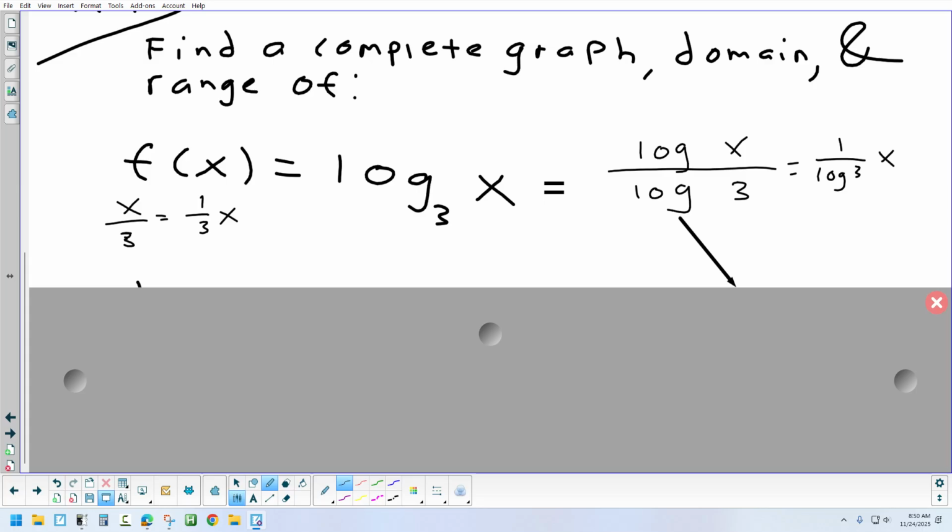The reason I wrote it that way is because I want you to recognize that as a transformation. When you multiply by a number in front, oops, don't forget your log x. What kind of transformation is it when you multiply by a number in front?